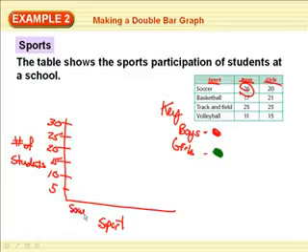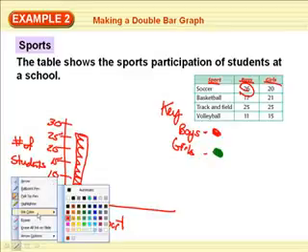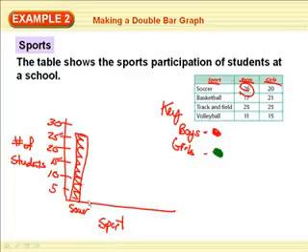Soccer. For the boys, there's 26, so I'd go up to 26, make a bar, color it in, and then I'd change my color back to my green. Girls is 20, so there's soccer.